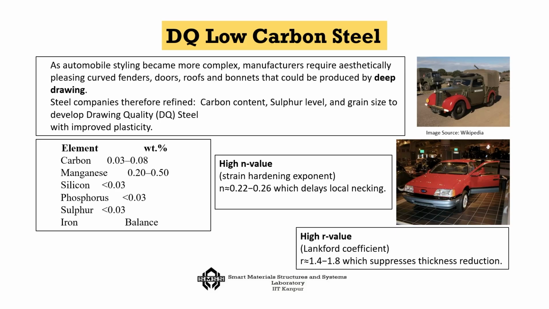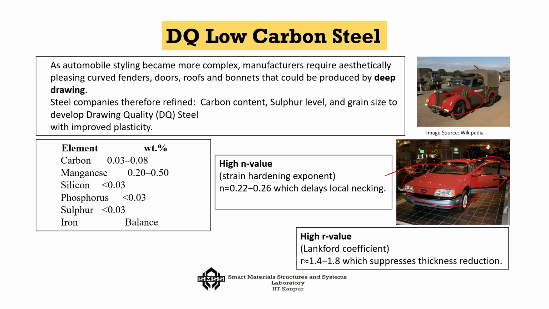Because with metal, you can give more complicated shapes to the system. For example, on the fender part, you can give a nice shape. On the bonnet, you can give a nice curvature. On the windows, you can give a nice curvature. So, you can make the system aesthetically much better.